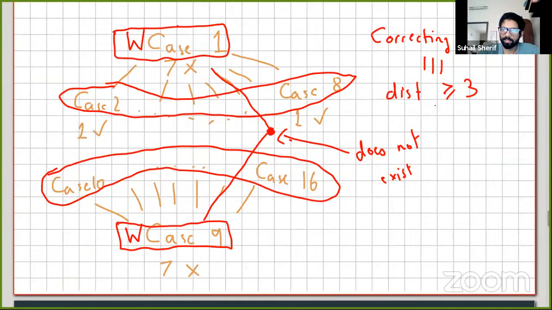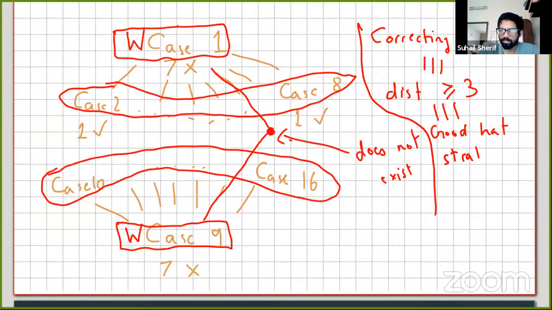And what we saw was that distance greater than or equal to 3 was exactly the same as a good hat strategy. The number of things that you can find at distance greater than or equal to 3 would give you a good hat strategy with that many W cases. So correcting one error in coding theory is exactly the same as finding a good hat strategy for our puzzle.